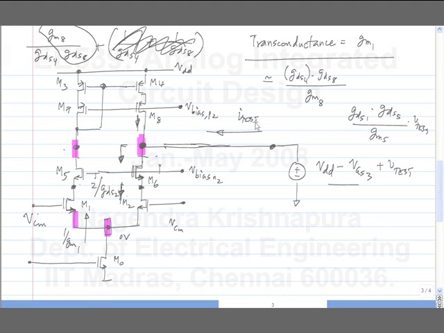So if I apply an increment of V test, a certain I test flows, and some part of I test is because of the current that flows down, and some part is because of the current that flows up. I call it I up and I down. Now that we know what the impedance is looking downwards, what is I down?